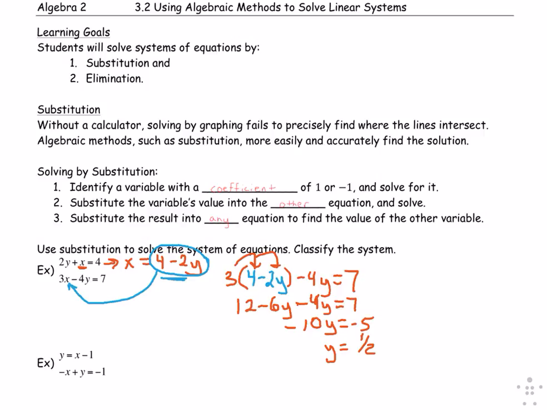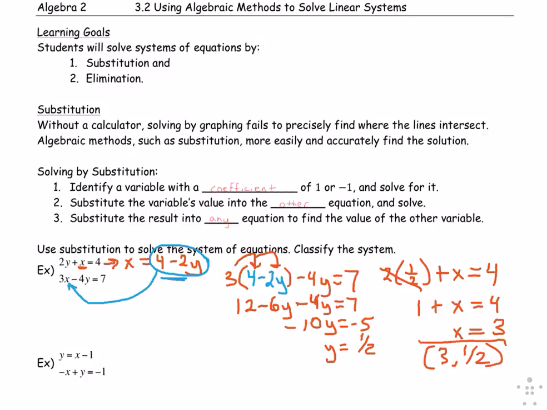So I'll just substitute it into the first equation. This one is simpler because x is already by itself. So we find that the answer is the point of intersection (3, 1/2), and so that would make a consistent and independent system.